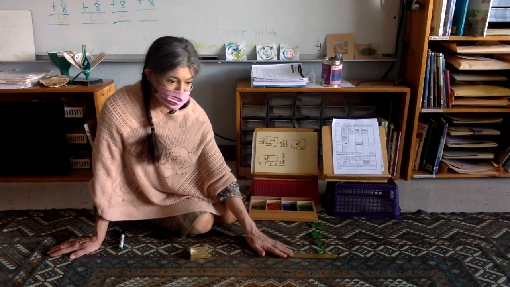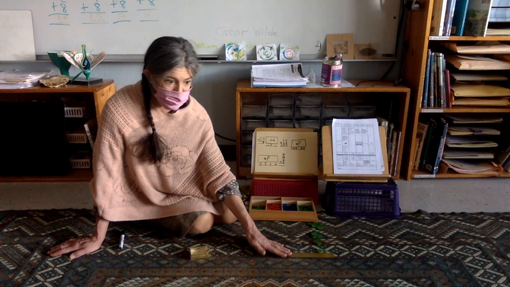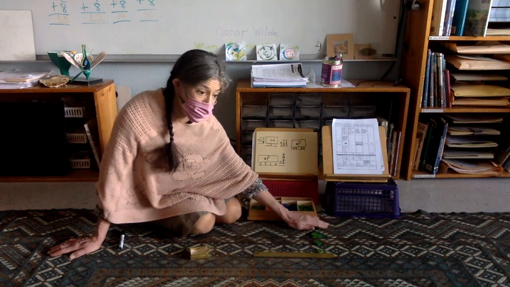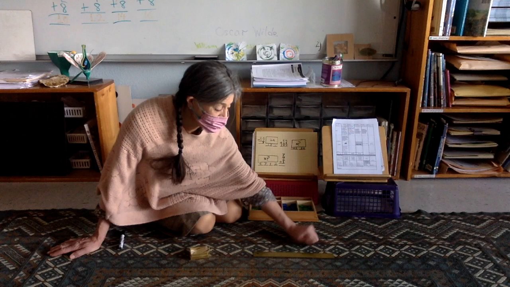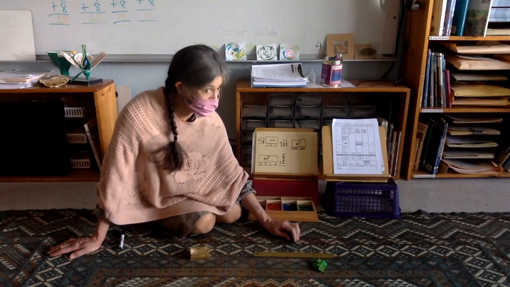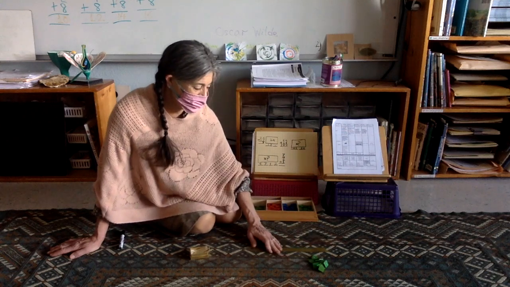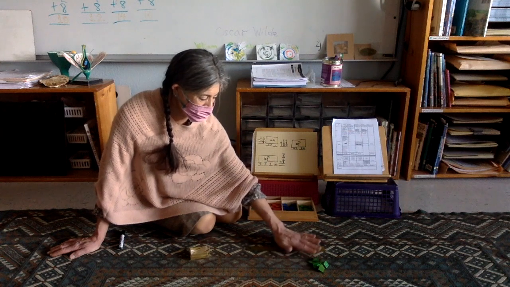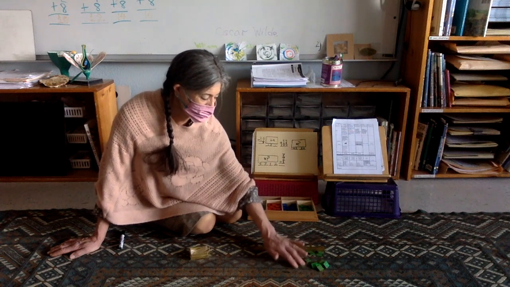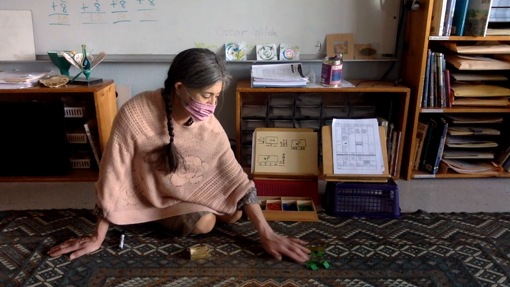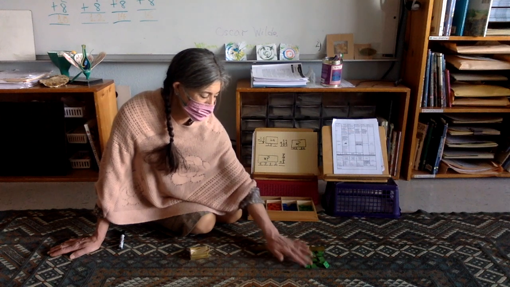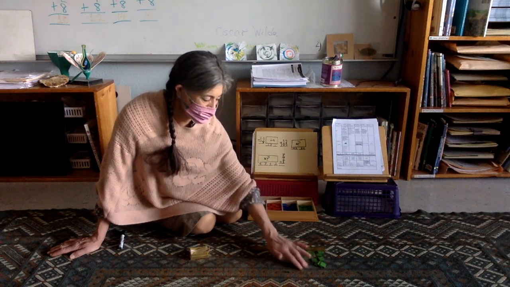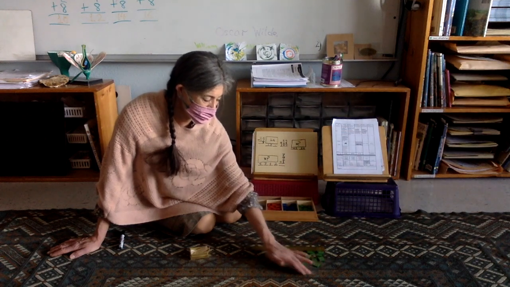Okay, now put your rulers. Everybody, rulers. And add. It is going to be more than 9. 14. 1, 2, that's it. 15.